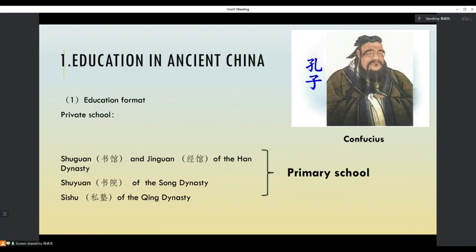Yes. In China, because the land is wide, some people are tall and some people are short.